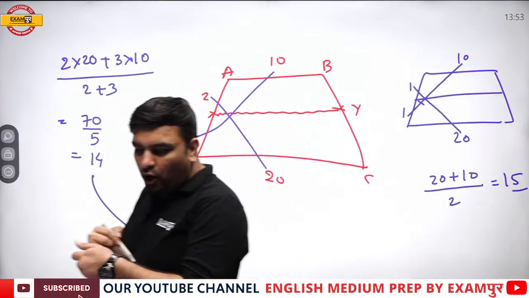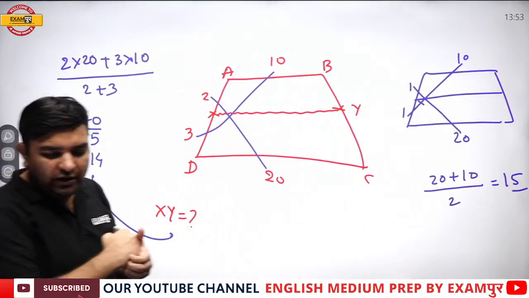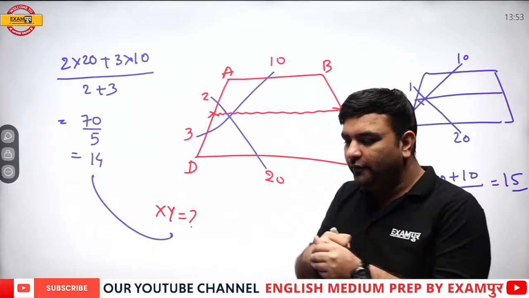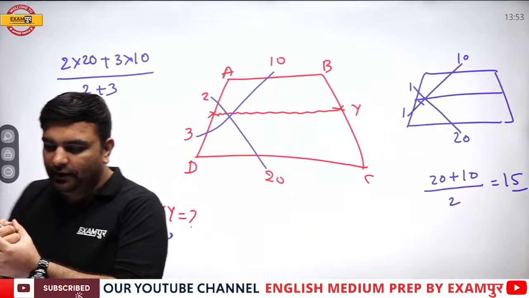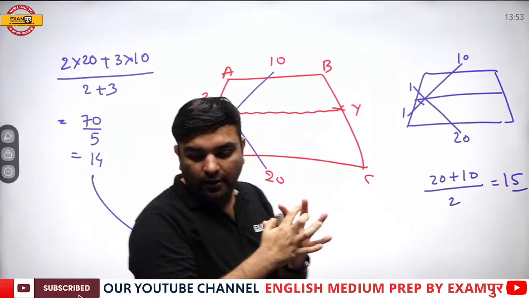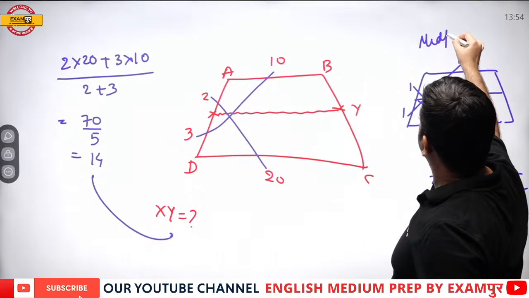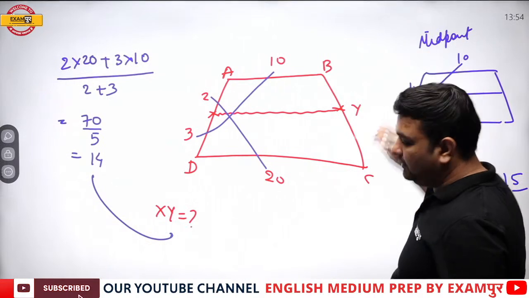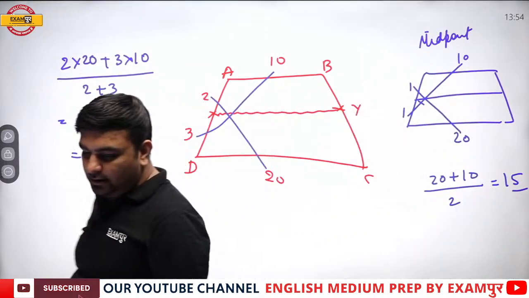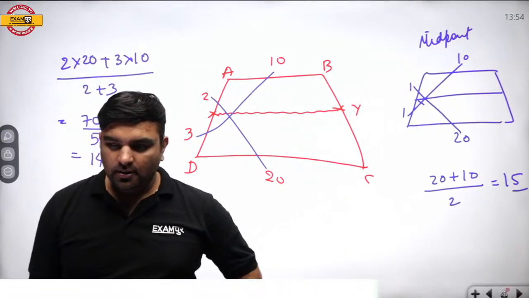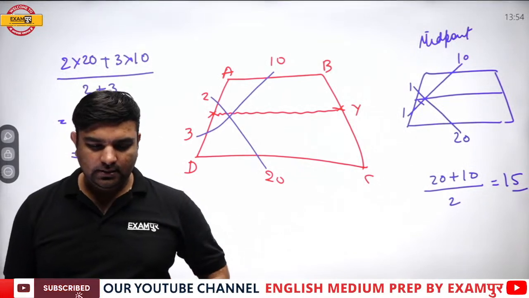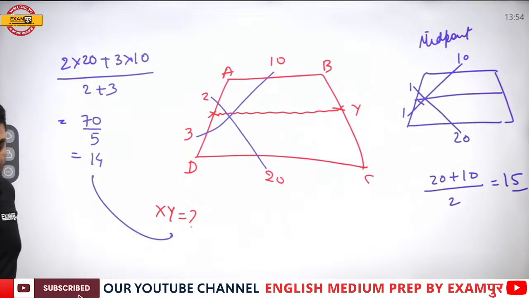So now it would not be a problem for you whether you have to divide in a different ratio or at the midpoint. Clear? Perfect.